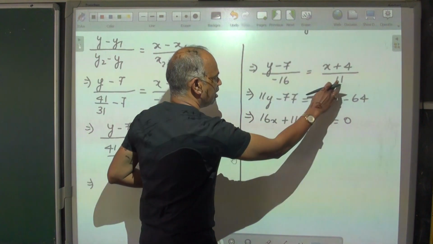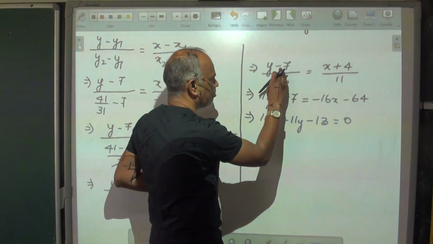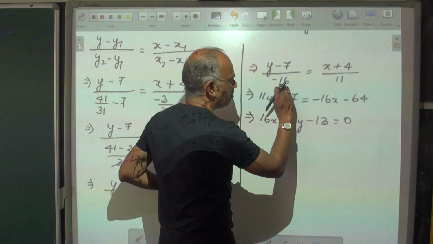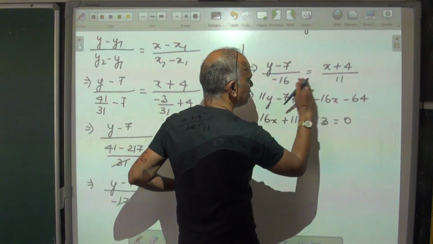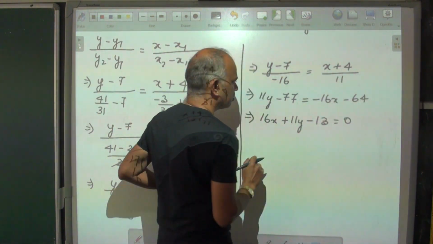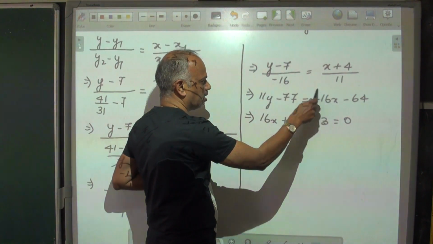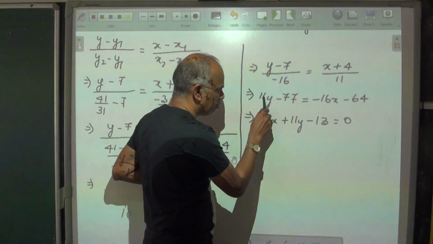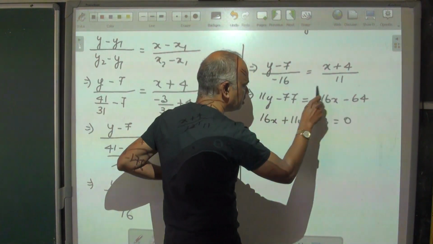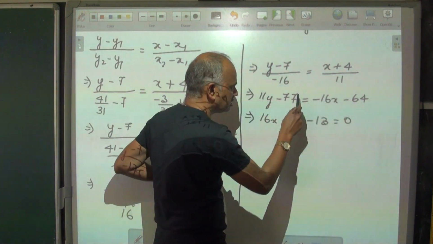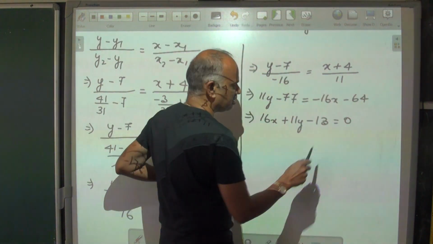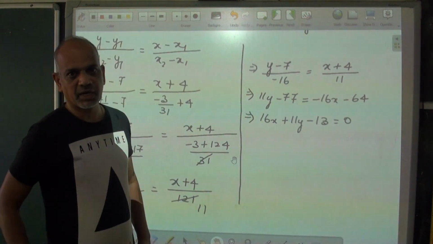Cross multiply now, 11 gets multiplied this side, 11y minus 77 is equal to minus 16x, minus 16 into 4 is minus 64. Now rearrange, this comes this side, 16x plus 11y, this comes this side, minus 77 plus 64 is minus 13, equals 0 is the equation of line 1.